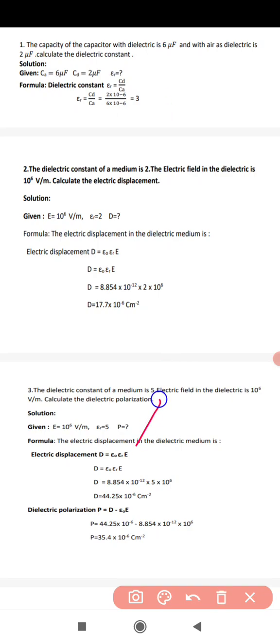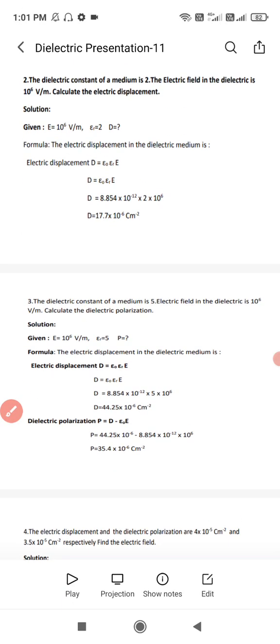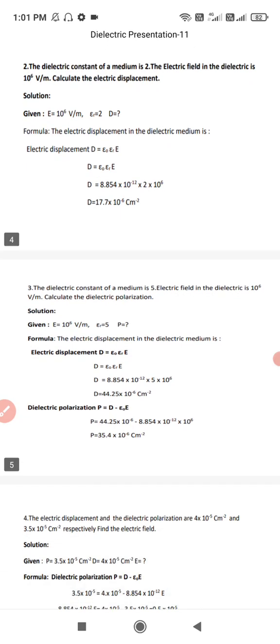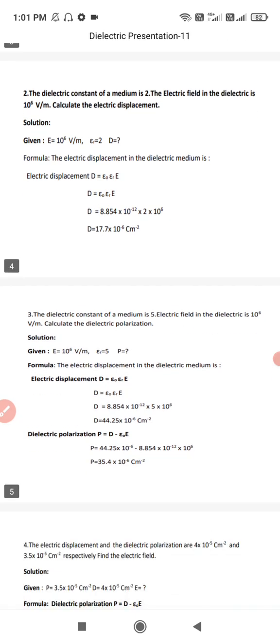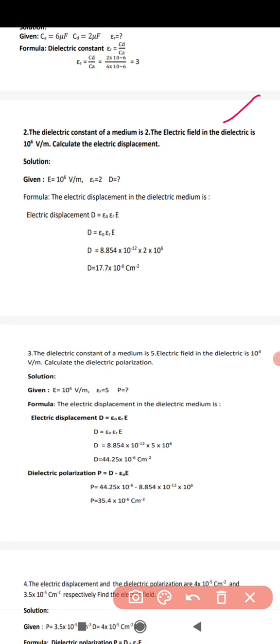Next, the second problem. The dielectric constant of the medium, epsilon R, is 2, and the electric field in the dielectric is 10 power plus 6 volts per meter. Calculate the electric displacement.